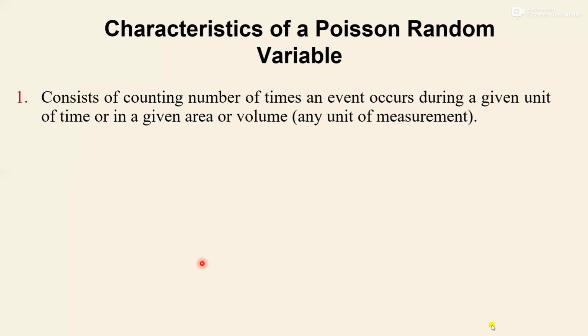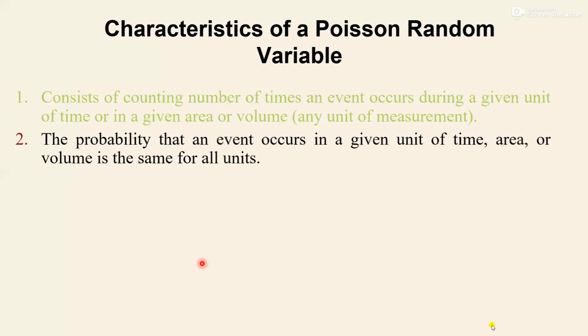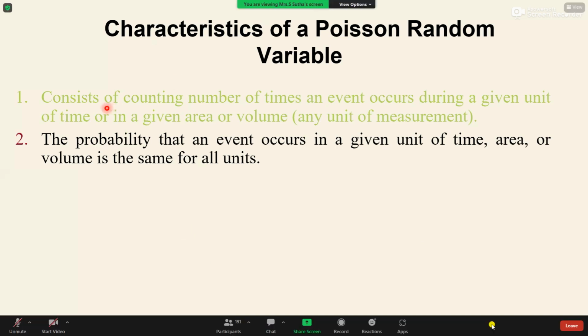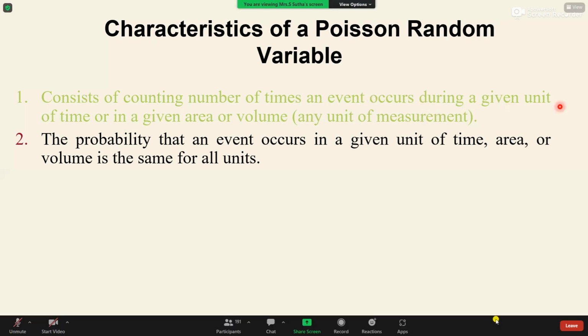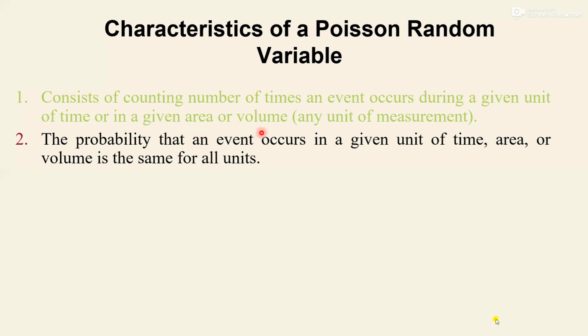So similarly, how we can identify a given random variable is a Poisson random variable, like the binomial. Also, there are some characteristics. First one, the variable describes counting number of times an event occurs during a given unit of time or in a given area or volume.